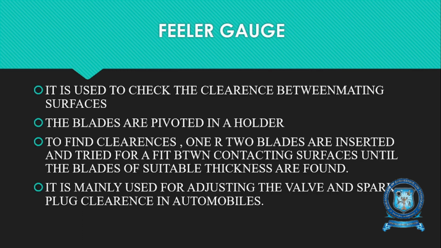So feeler gauges are used to check the clearance between mating surfaces. The blades are provided in a pivoted holder, and one or two blades are initially inserted and tried for a fit between contacting surfaces. It is mainly used for adjusting the valve and spark plug clearance in automobiles.